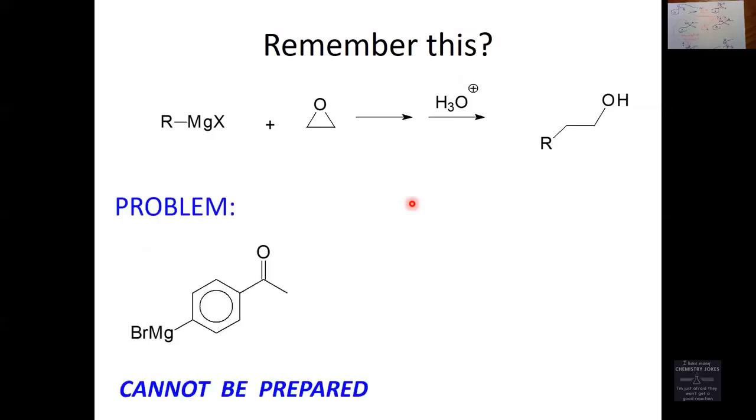But if you tried to add solid magnesium to the reactant you were allowed to begin with, that aryl halide reactant, that won't work. Because remember, Grignards react with ketones. So if you ever got any MgBr to form over here, when you have other ketone molecules in solution, that Grignard will start attacking those other ketone molecules in solution, and it won't give you the product that you actually desire. So how do you fix that? You use a protecting group.